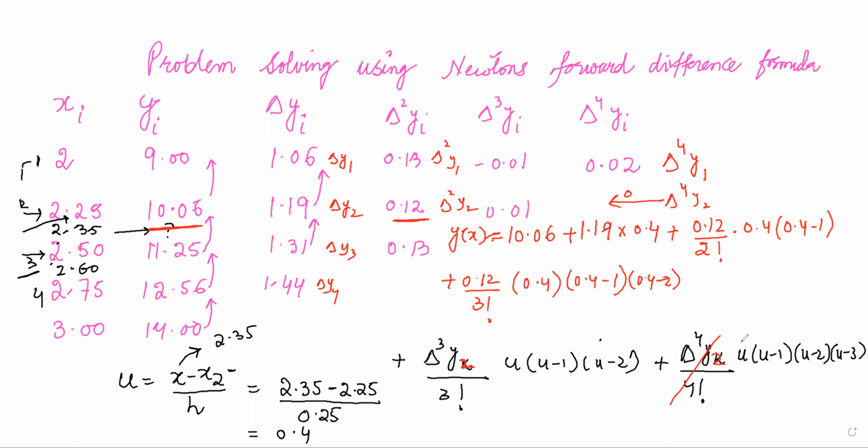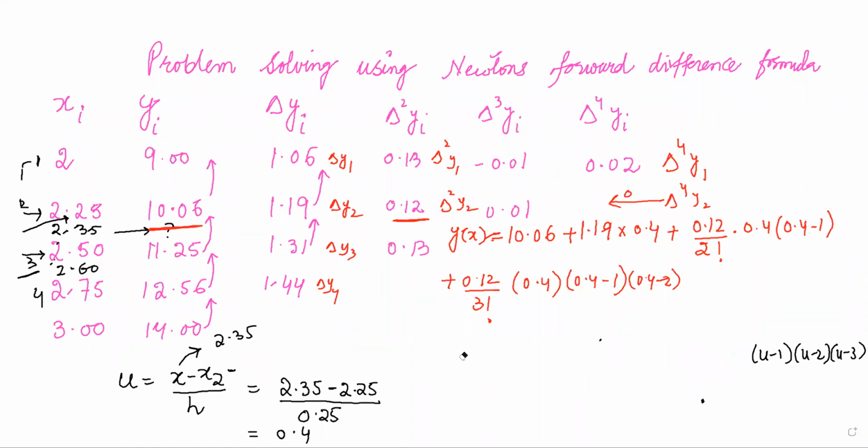So the expression for this, on solving this, y of x, so this is y we are finding at x equal to 2.35. Now we have to solve this. 10.06 plus so on, this becomes equal to 10.522.